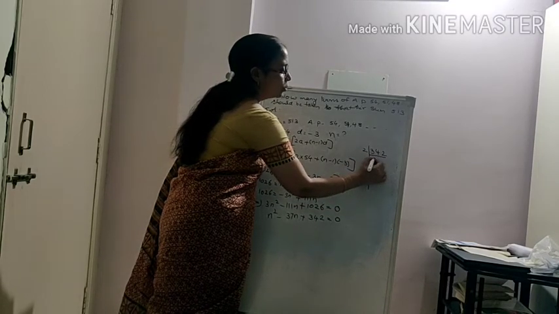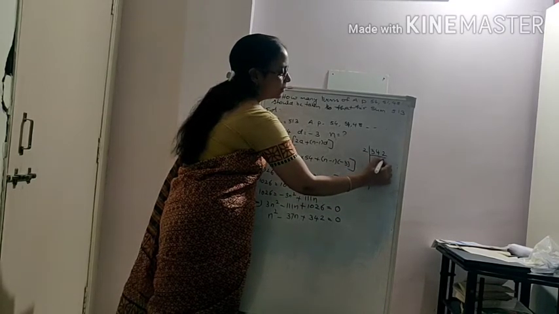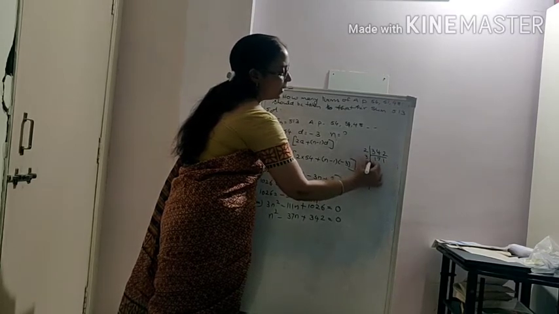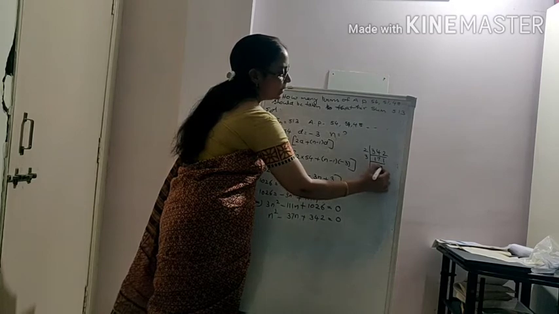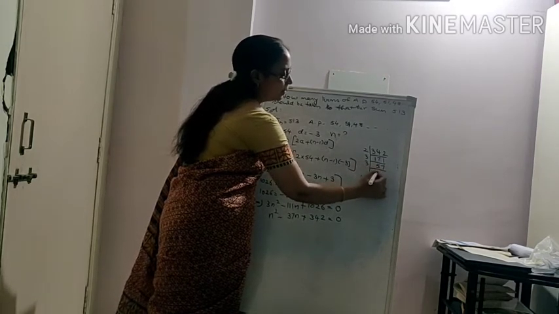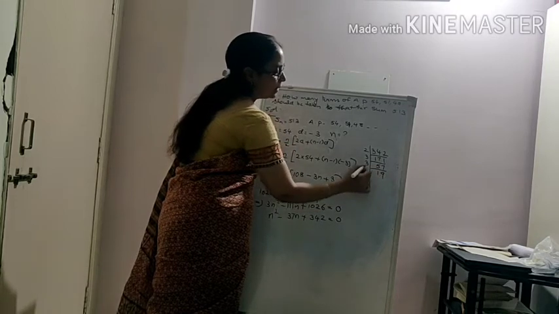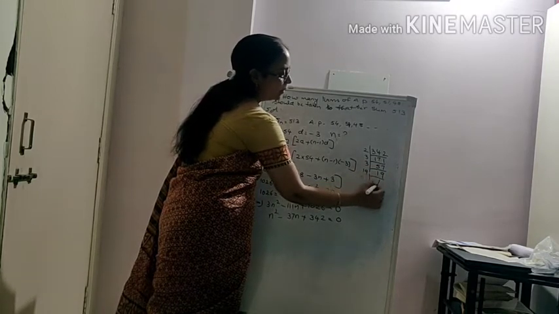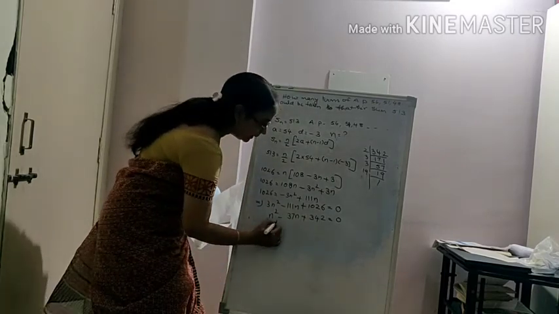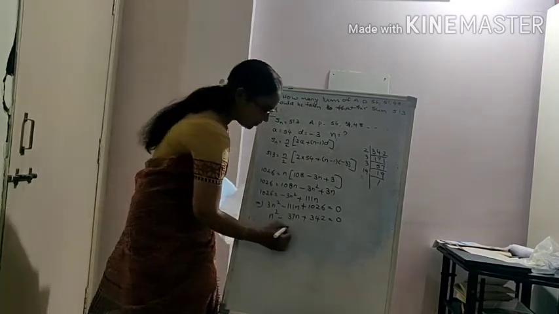So the factors will be either 18 and 19. It can be 18 plus 19 is 37.